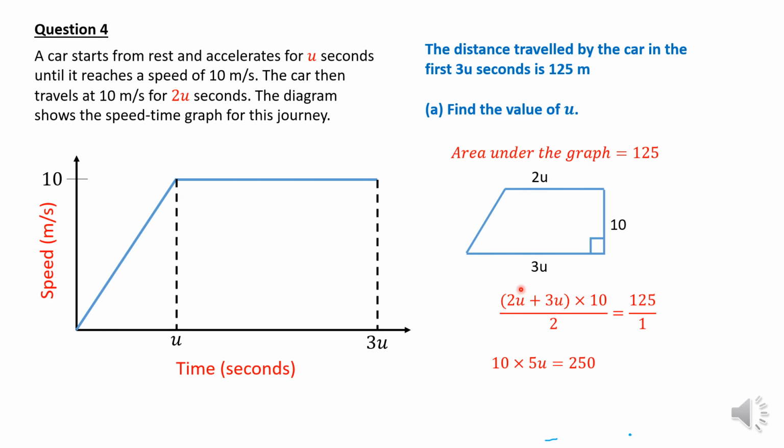Then the 5u comes from that multiplication, and I divide by 10. Then I get 25 there, and obviously 5 goes into 25 5 times. So that is one way that you could have done this particular question, as long as you get to the same solution. This question is a little bit straightforward. No need to be afraid of it.